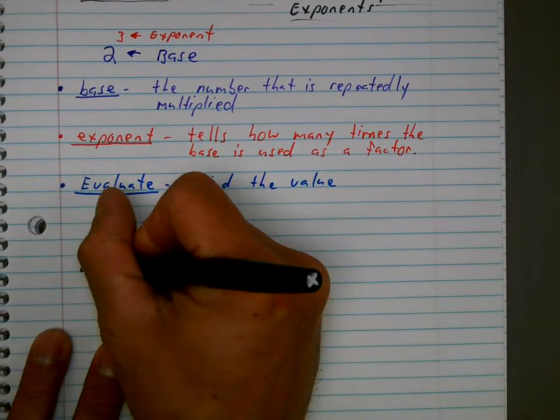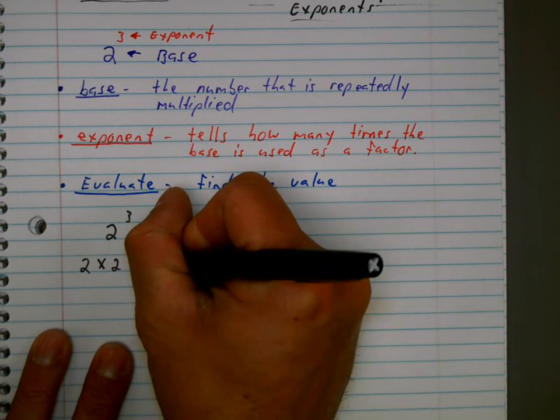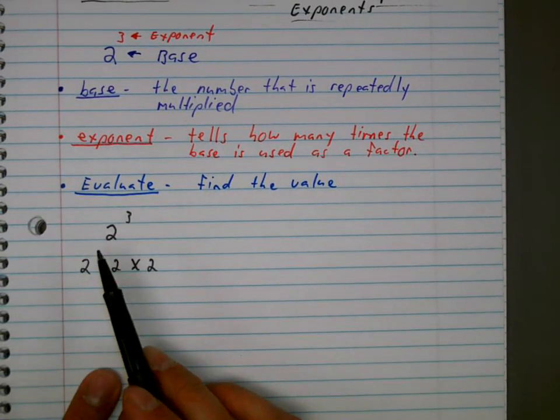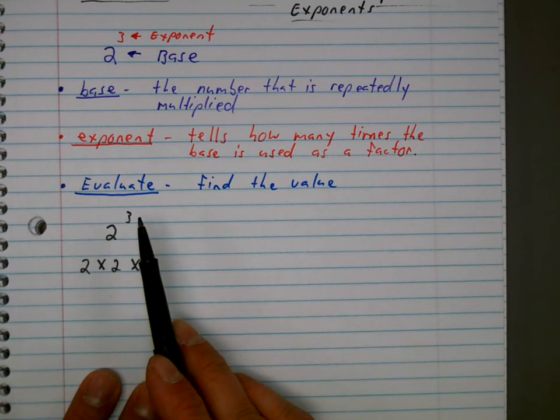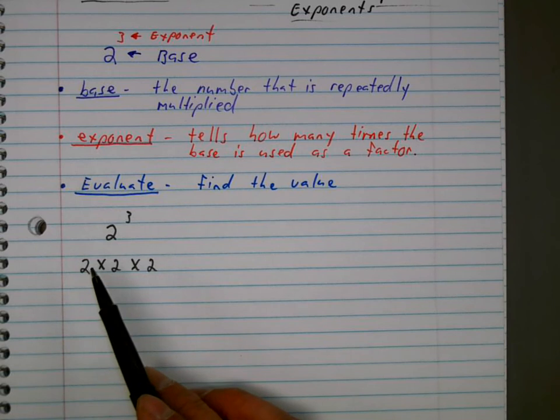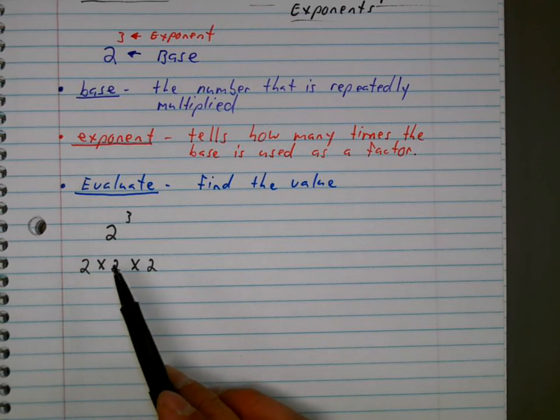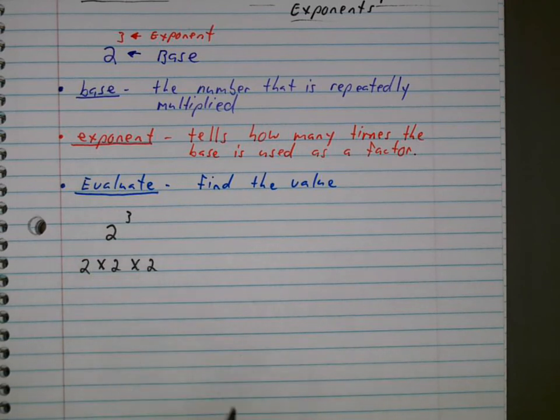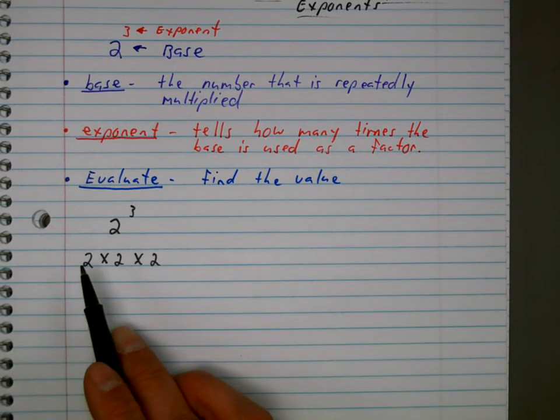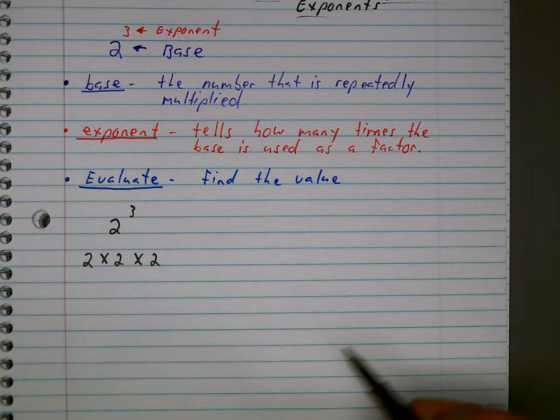So that means 2 times 2 times 2. Remember, do not, and I repeat, do not just think this means 2 times 3, because that's not saying that it's multiplying itself 3 times. So we want it actually multiplying by itself 3 times. 2 times 2 times 2.